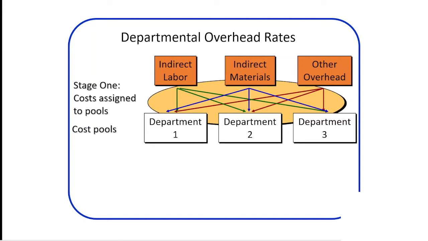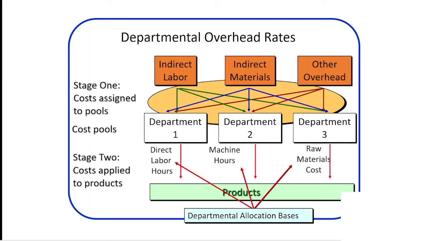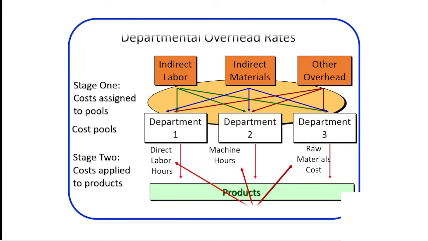In stage one, we accumulate the cost of indirect labor, indirect materials and other overheads into departments, department 1, department 2, department 3, and then these departments are allocated to the products based on the direct labor hours, machine hours or raw material cost, and they are called departmental allocation rate basis, and it's applied to all the products equally, right?